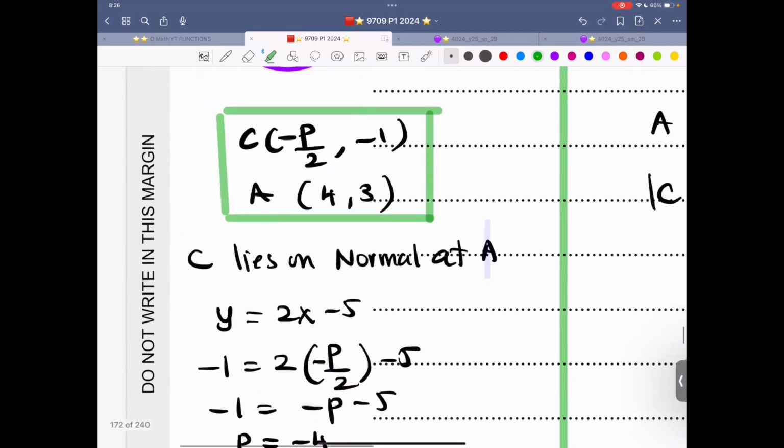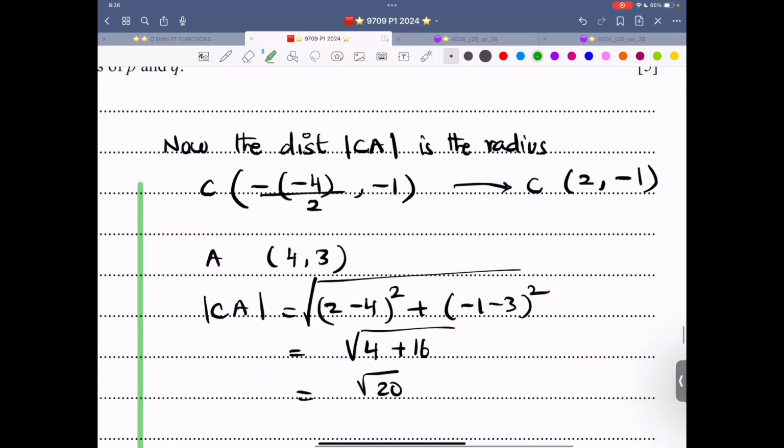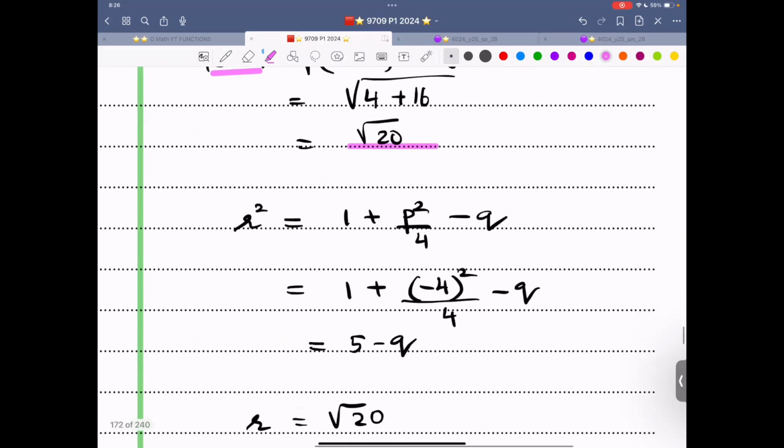So I plugged in C lies on normal. Once you have found C, now the distance CA is the radius. So now I have plugged in the value of P. So P is -4, and I have evaluated C as this, and A as this. Our distance CA is √20.